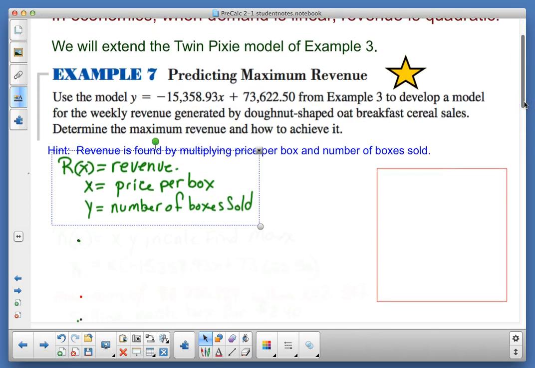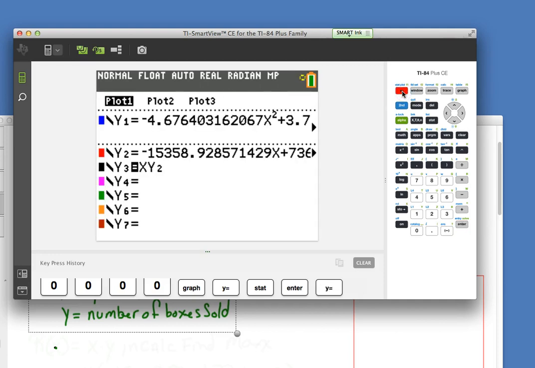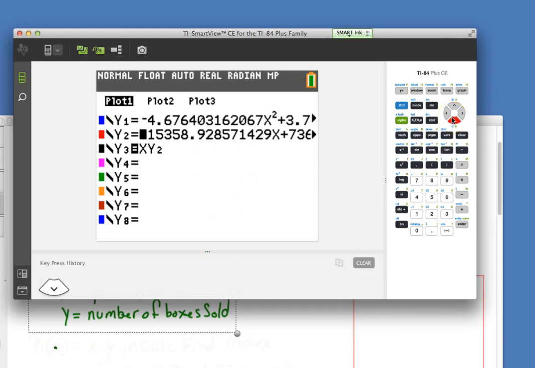So if I'm looking at this, I've got my model from our calculator. Let me pop that in. I've got my list 3 and list 4, and I put in that same revenue data. When I put in my Y equals, I have my boxes here, the linear regression we did on Friday.